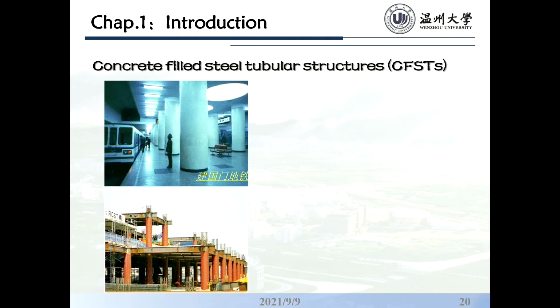Because for the material, right, if the concrete is under compression, it will deform like the figures show under the compression load. So here, we use the steel tube to prevent the deformation.